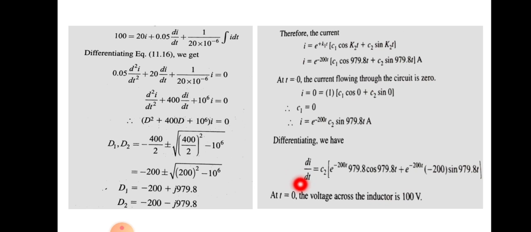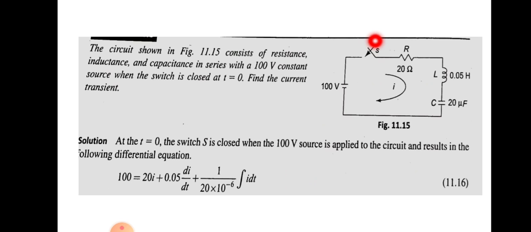In this differential equation we are putting the condition t equal to 0, that is, at time t equal to 0 the switch is closed. So a closed circuit is formed, and we would assume there will be a flow of current, but you know that an inductor has a property that it will not show sudden changes in the current.